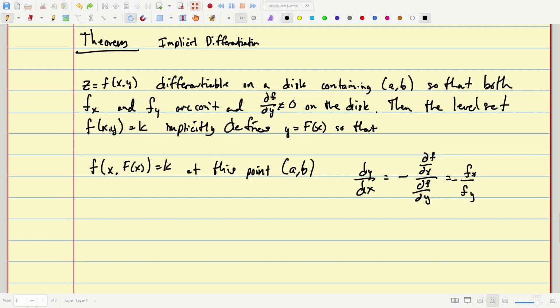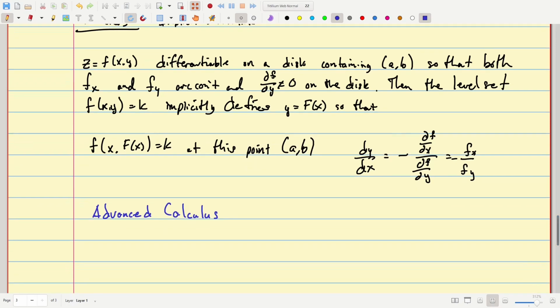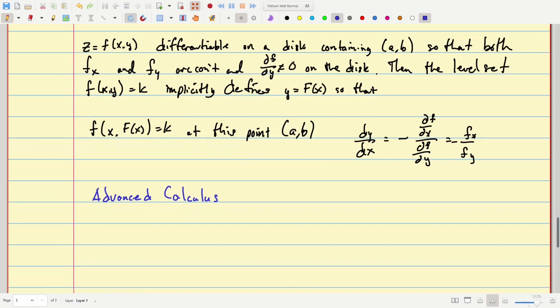Perhaps looking at a class that is titled Advanced Calculus. Sounds fun, right? Advanced Calculus is where you actually learn calculus. I say that facetiously. It is the class where you go back through and prove the theorems. Okay.